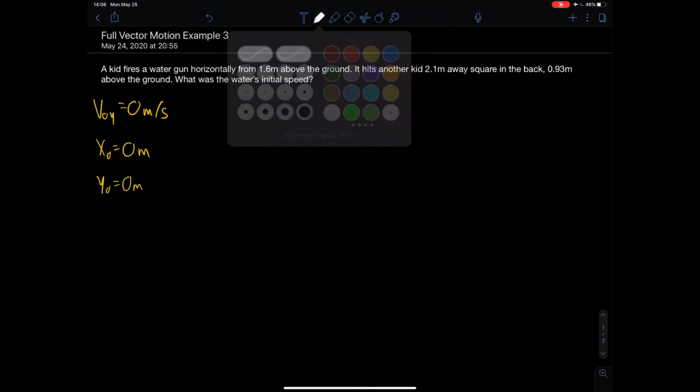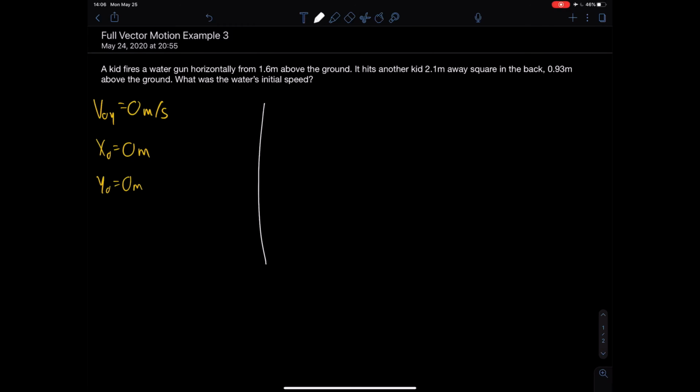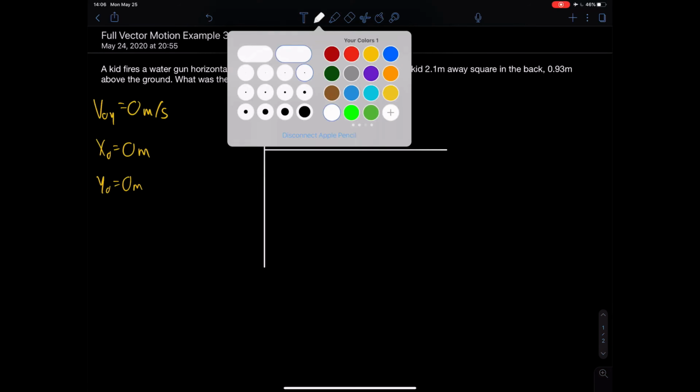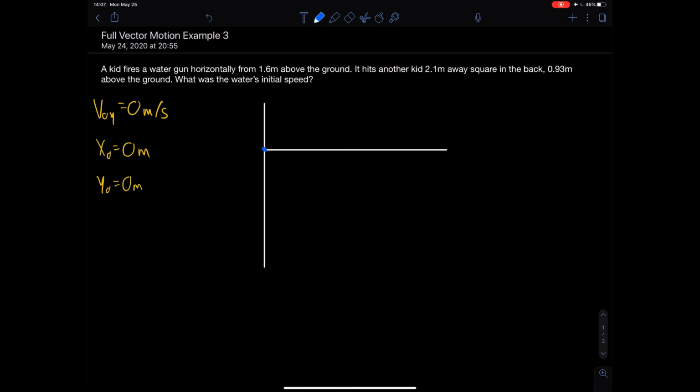So before we get anything else down, let's draw a picture. We have our axes here, and we want to start at the origin. If we want to use the projectile equation, we have to start at the origin. So this will be the point 0, 0, and this is where we fired the water gun.